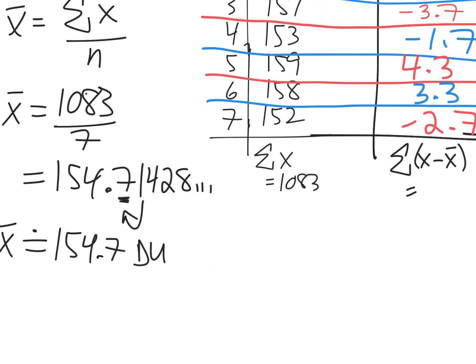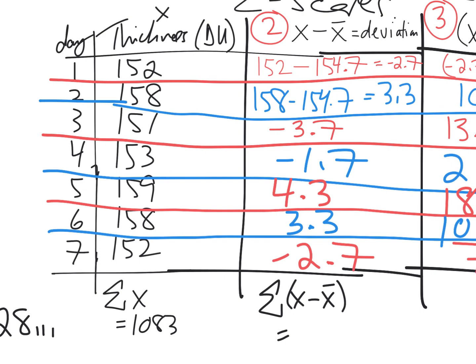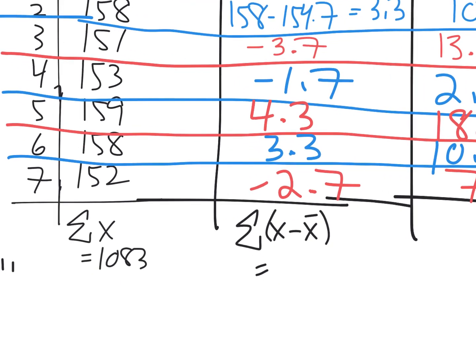So if we take the deviation that each value is from the mean and add them up, the answer should be 0 theoretically, because that verifies that the mean of 154.7 is true.